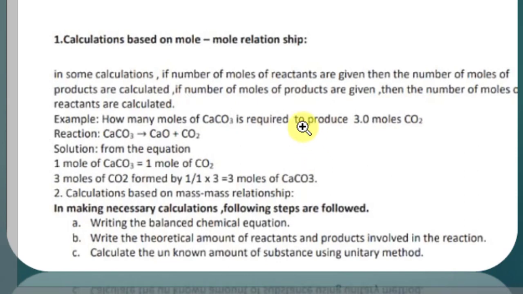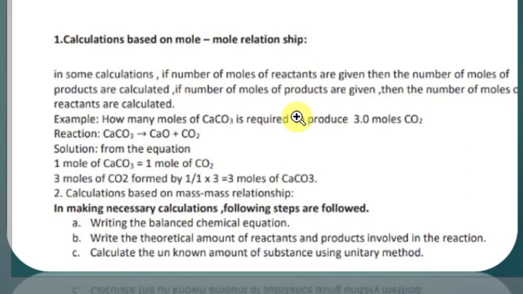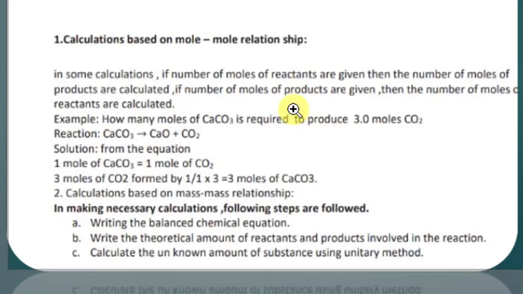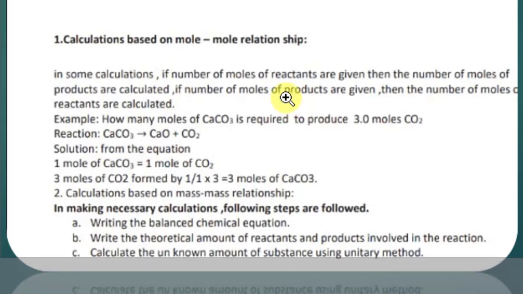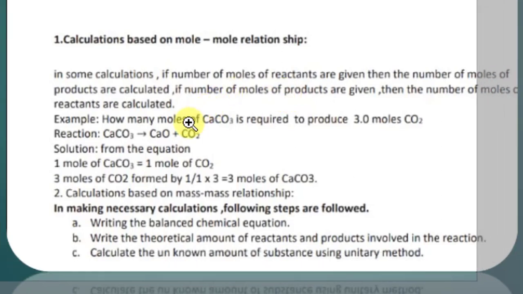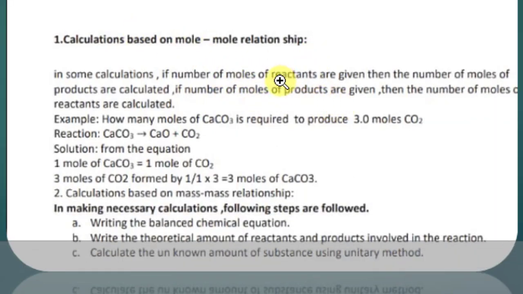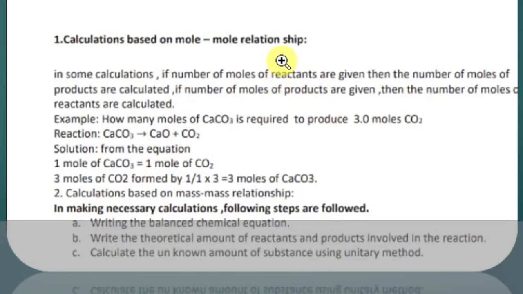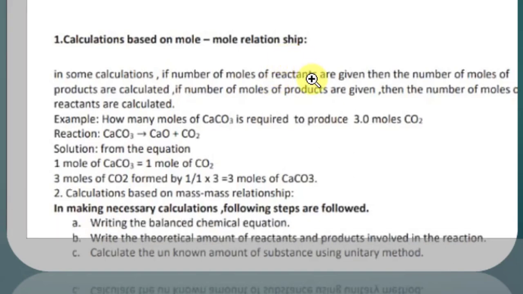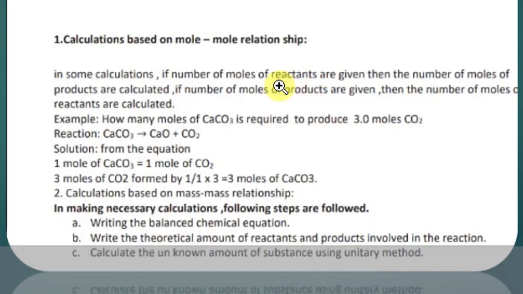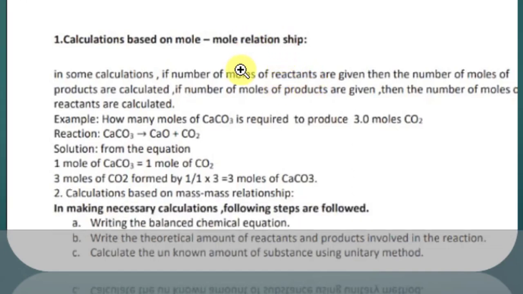Because there will be a relationship, ratios between the quantitative data of reactants and products, in what ratios they are related in terms of moles, mass, volume. Clear? So this is the concept in the mole relationship. If number of moles of reactant is given, the number of moles of products we can find, and if number of moles of products is given, the number of moles of reactants we can find.